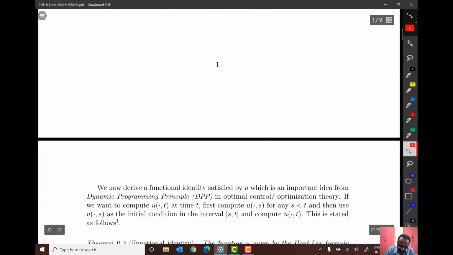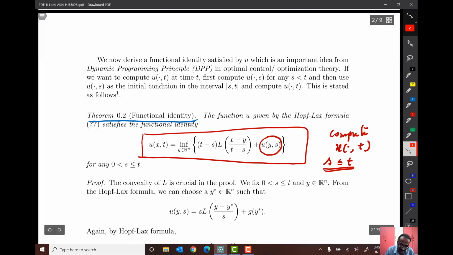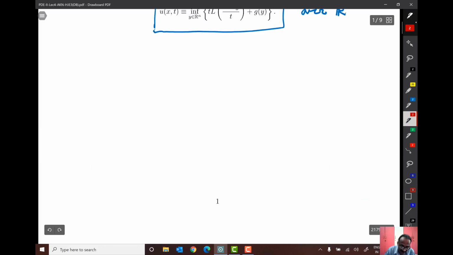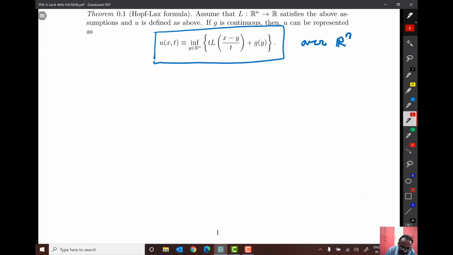So you compute u(y,s) for any s less than t, and then use u of s as your initial value over the interval s to t. You are starting with an initial value y at t equal to 0, and then you have computed this.